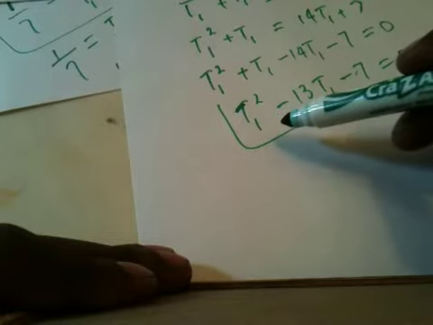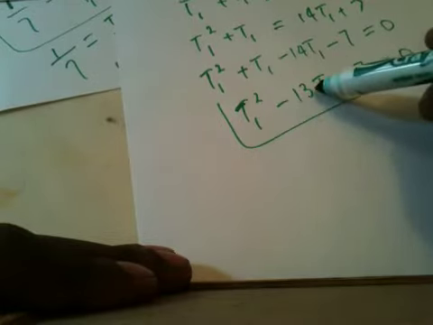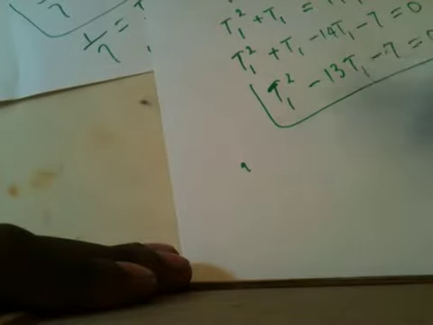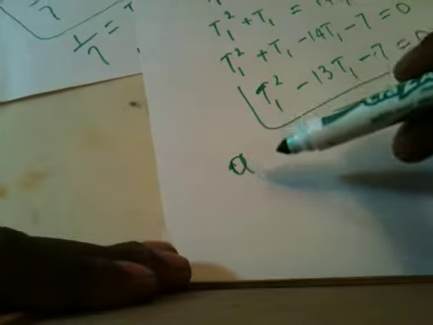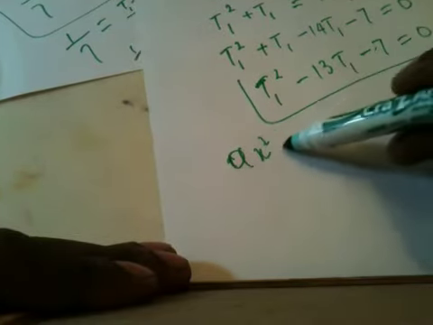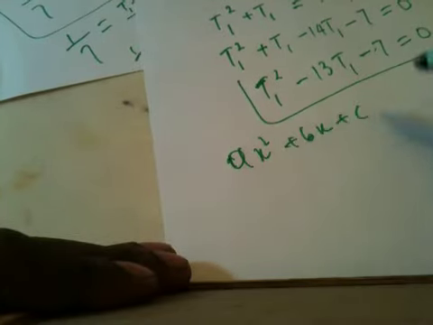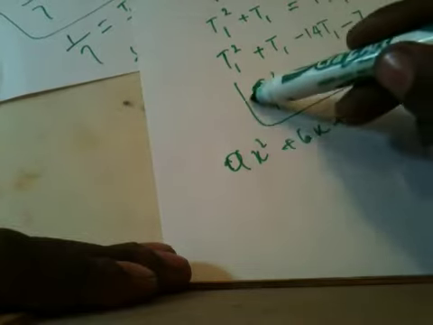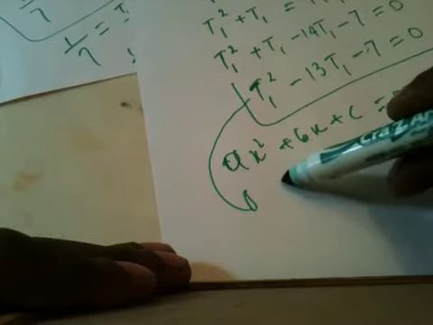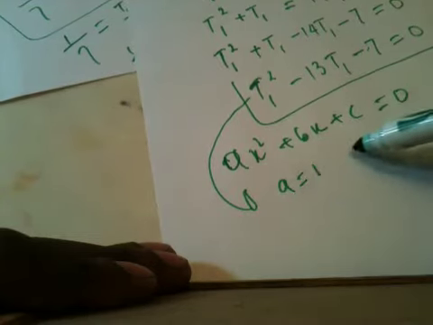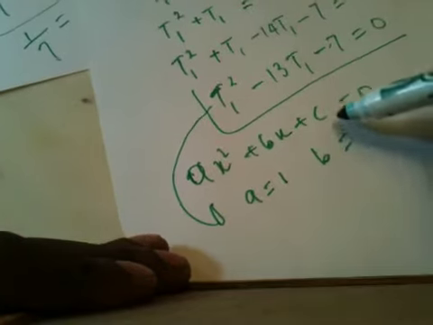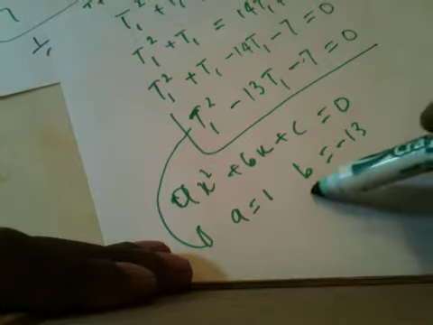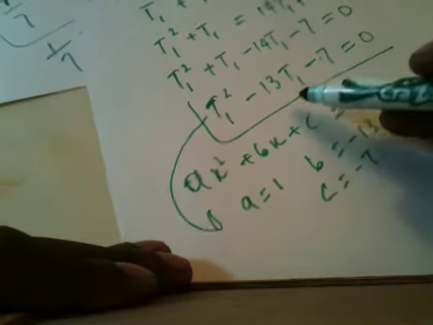A quadratic equation is usually of the form ax squared plus bx plus c is equal to 0. In this case, my a is equal to 1, my b is equal to negative 13, and my c is equal to negative 7.